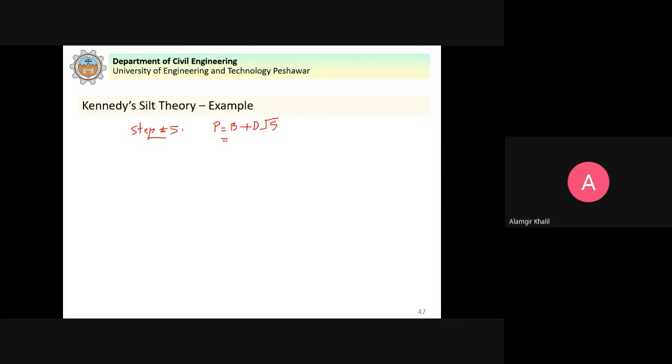So just put the values here. This comes out to be 17.91 meter. And we can calculate the hydraulic radius, so that is equal to A by P. This comes out to be 1.788 meter.